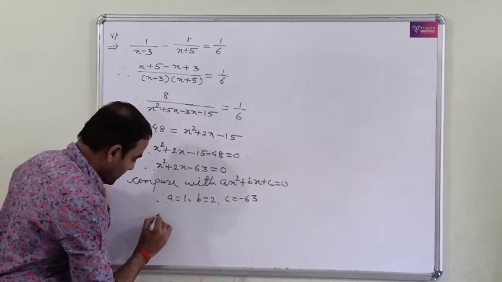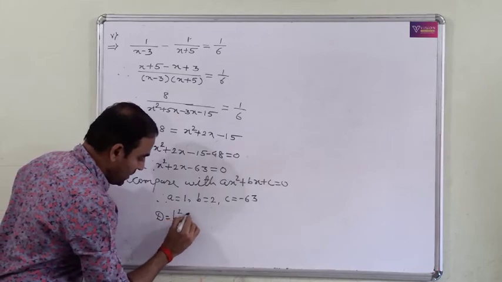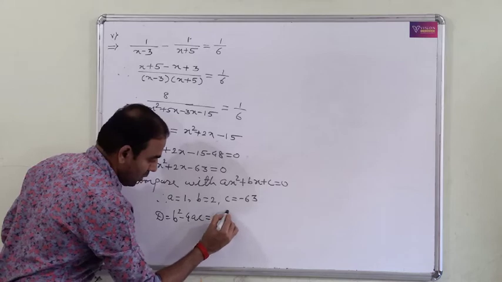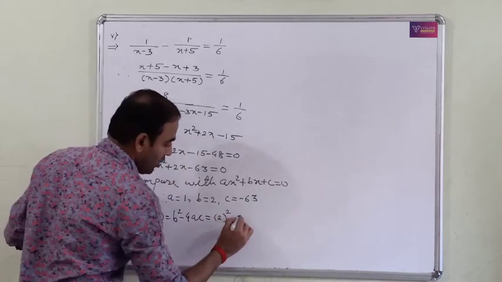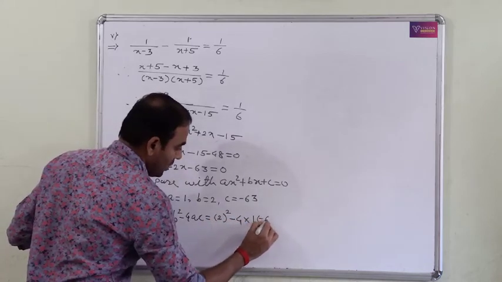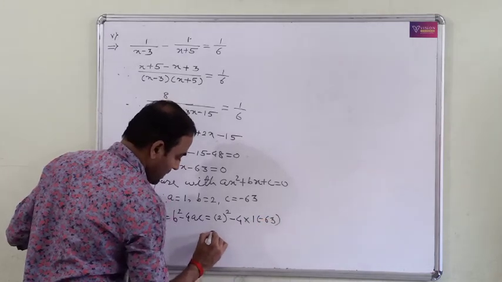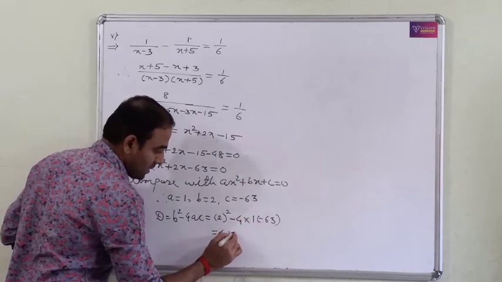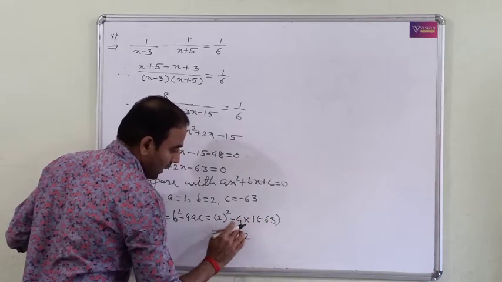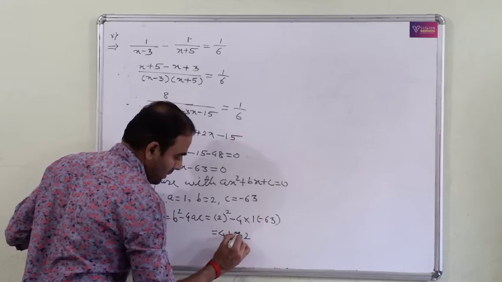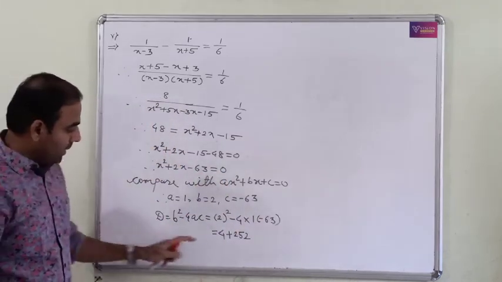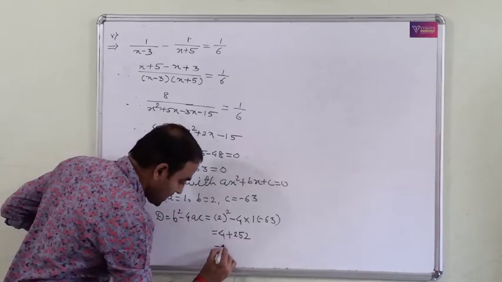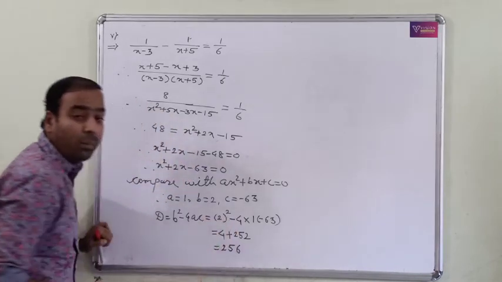Then first of all find the value of discriminant, that is b square minus 4ac. b का square है, मतलब किसका square है, 2 square minus 4 into 1 into 63. 2 square is 4, minus into minus plus. Okay, 4 threes are 12 and 4 sixes are 24, plus carry 2, 252, plus 4, that is 256. This is the value of discriminant.